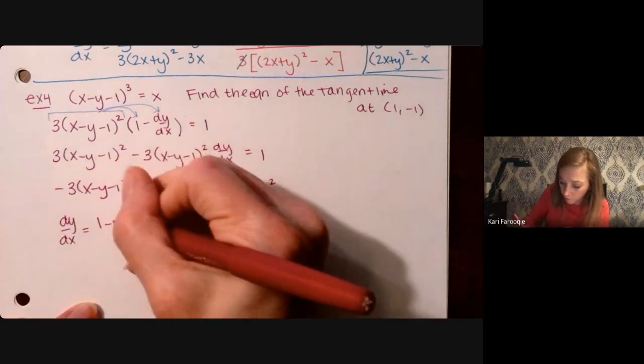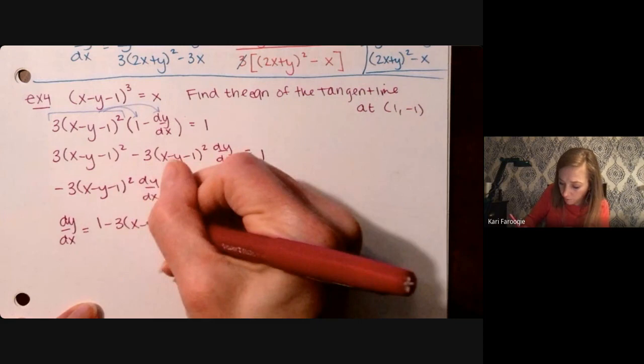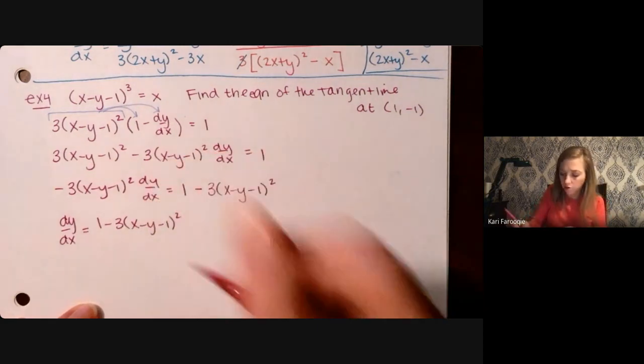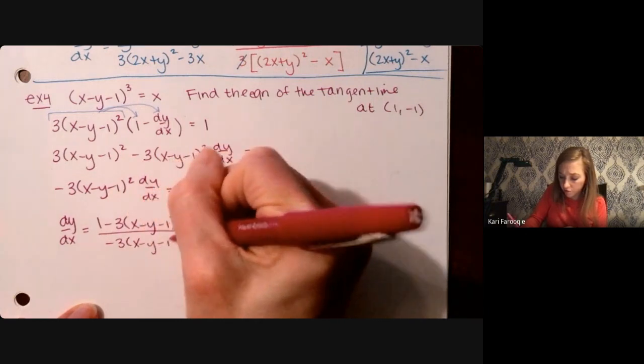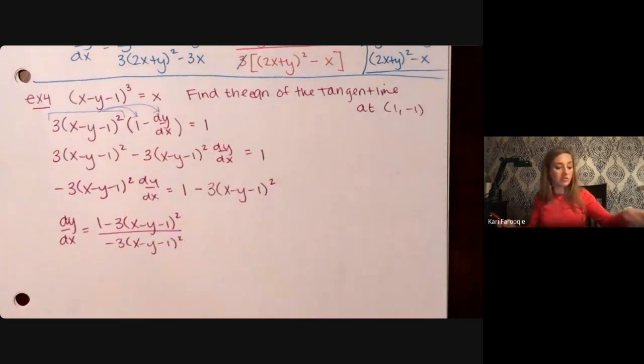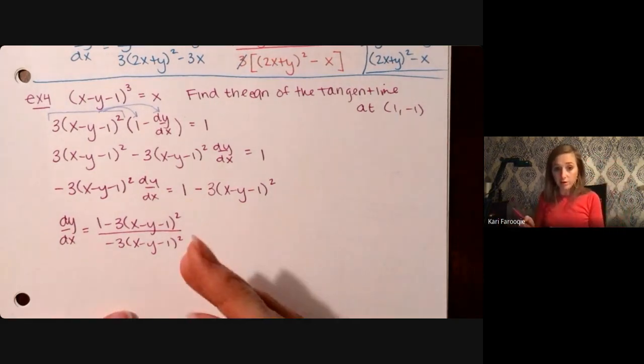But we'll have 1 minus 3 times (x minus y minus 1) squared divided by -3 times (x minus y minus 1) squared. And you end up with this situation, which is fine. We still need to find the slope at (1, -1), but this is technically our dy dx.